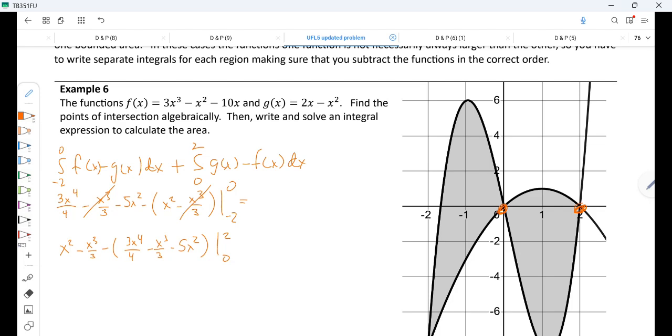Actually just make this 6x squared too. I'm just going to do it. 12 minus 20 minus 4.